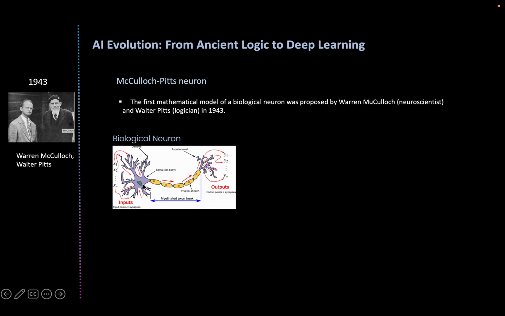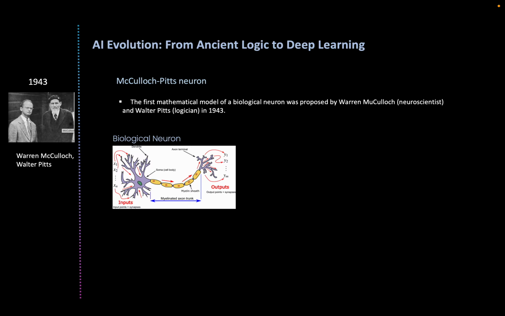The cell body is basically a nucleus which has its stable potential, which is a little bit negative, around minus 70 millivolts. So, when it receives electrical stimulus through the dendrites, the cell body aggregates all the electrical stimulus, and sometimes it crosses some threshold.